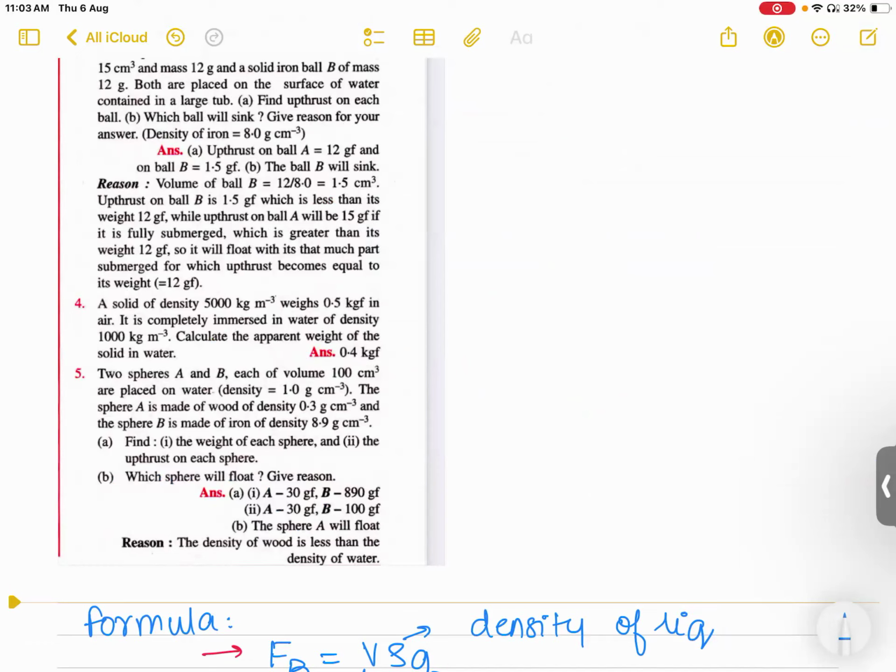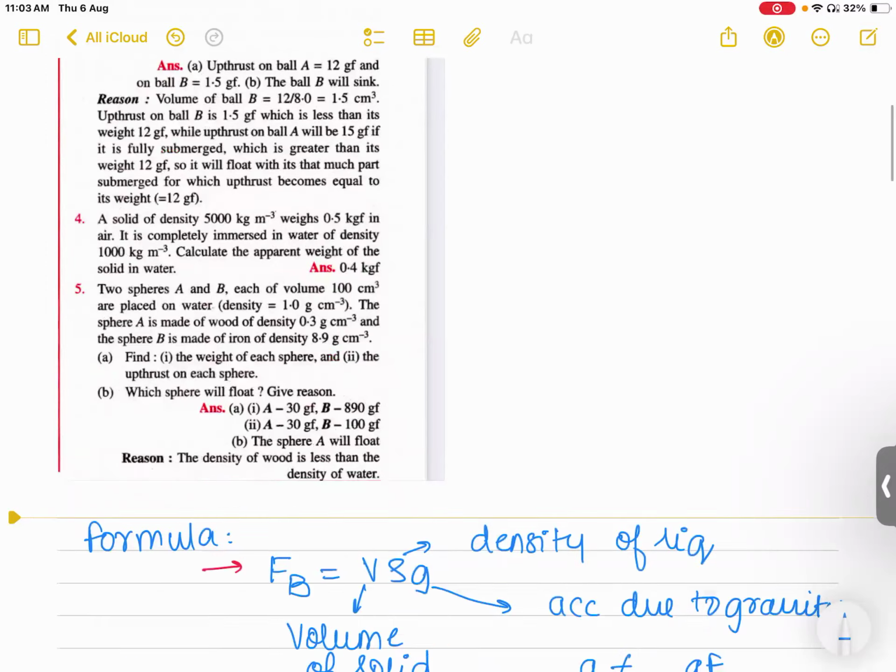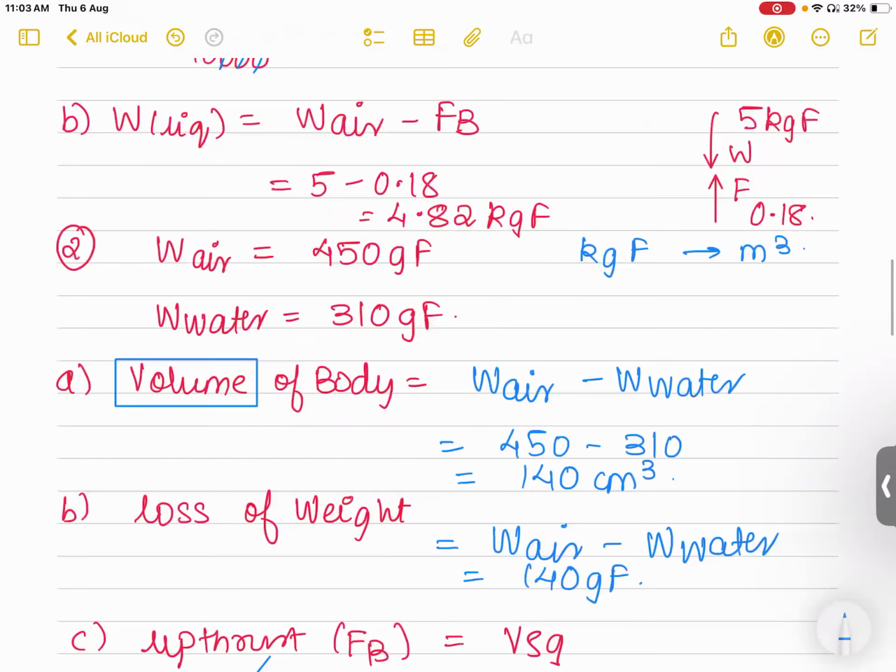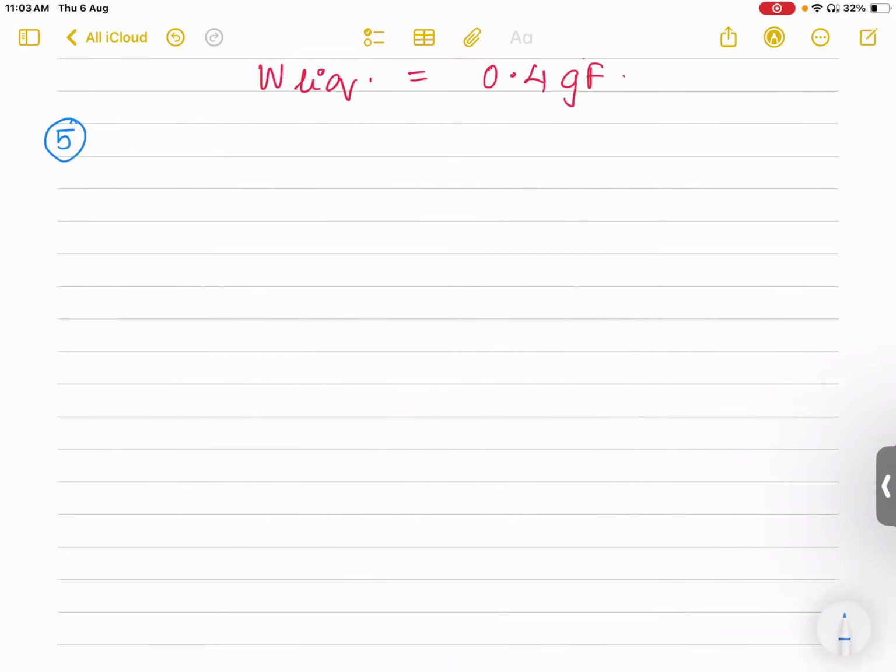on water. The sphere A has density of 0.3, which is made up of wood, and sphere B is made up of iron. We need to find out certain things here. Let's first try to write it so that you understand what all things are required and what all things are given. So I'll make a table for you all, which gives a better idea.